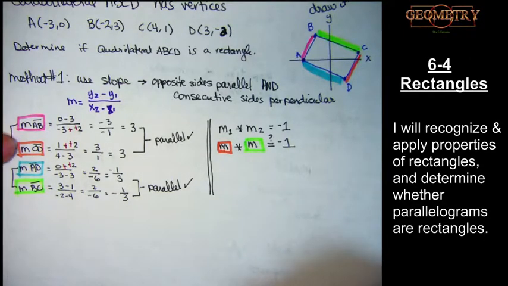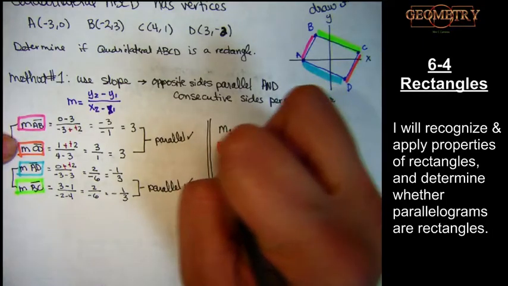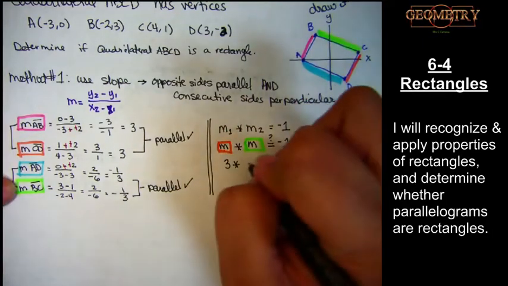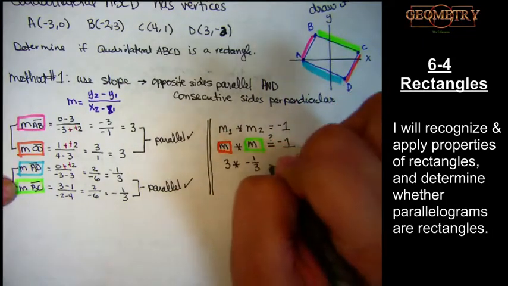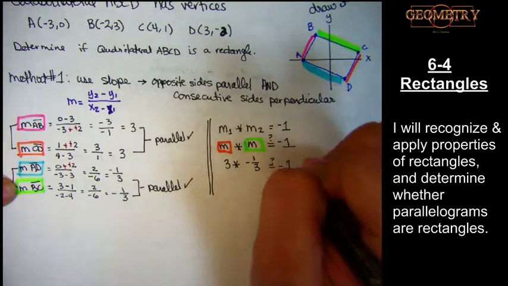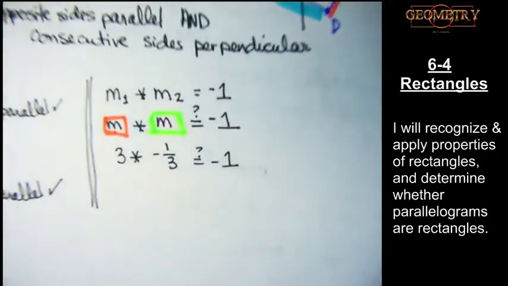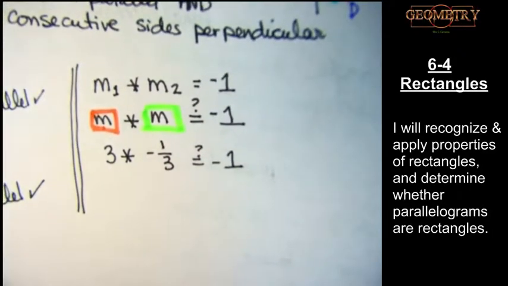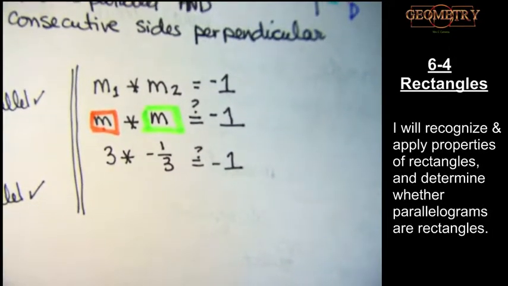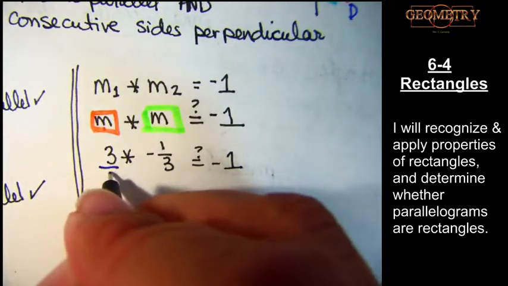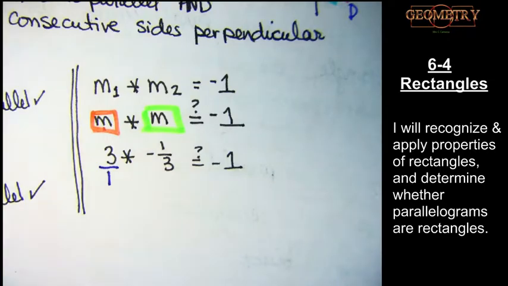The orange slope is 3. The green slope is -1/3. And I still don't know if that's -1 or not. I need to multiply these together. When multiplying with a fraction, if I turn everything else into a fraction, it makes my life so much easier.